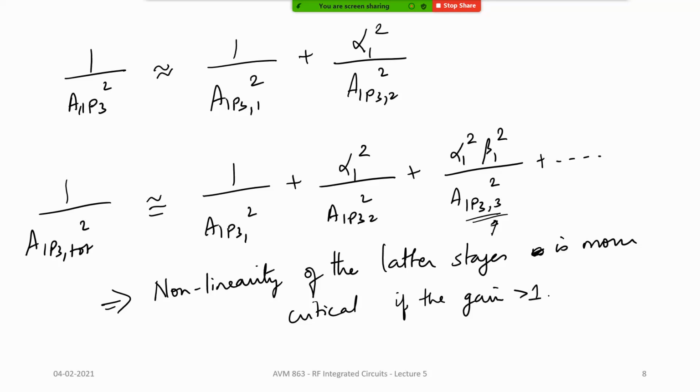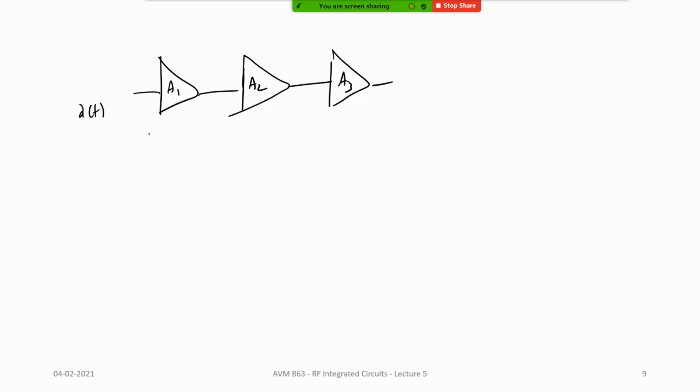Okay, so that also makes sense, no? If you have 3 amplifiers, just intuitively, let's say this is a1, a2 and a3, and this is x of t. This will cause some nonlinearity, and there is some gain also, right? So this will be an amplified signal, let's say alpha 1 times x of t. Now after amplification it becomes beta 1 alpha 1 times x of t. So now the signal amplitude here is very large.